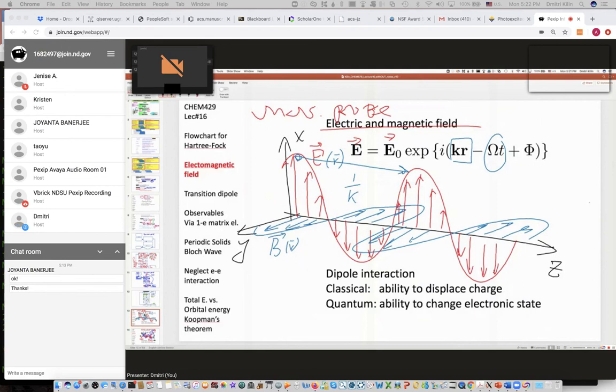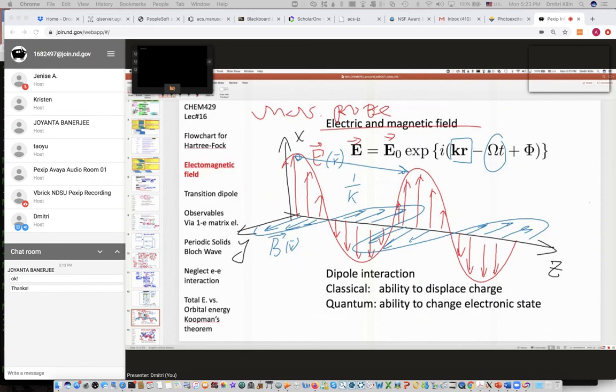Light is a form of electromagnetic radiation in the form of a wave, or in the form of photons, which behave as particles and waves. Okay. May I ask you to read my mind? Why do we need light in this course?